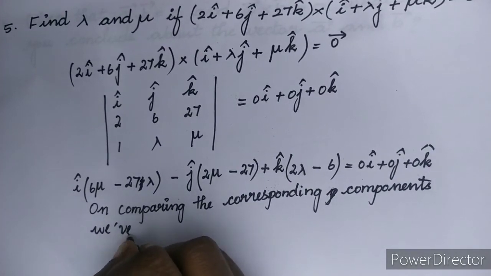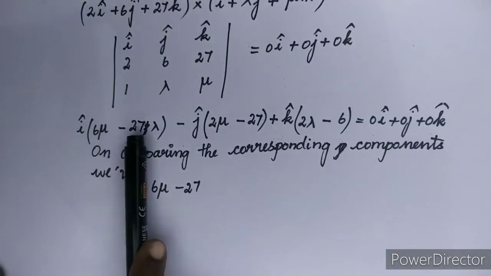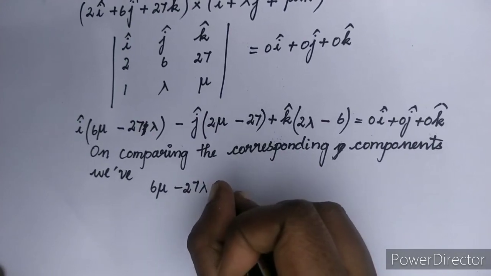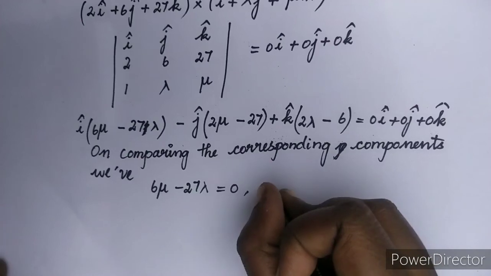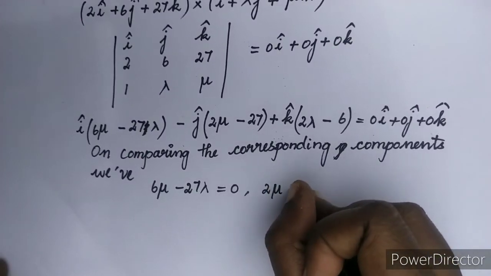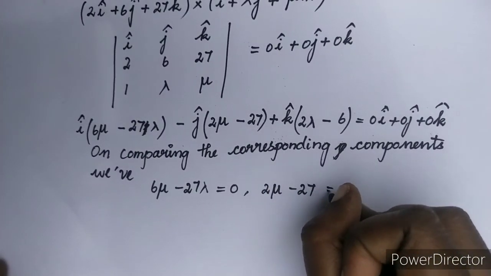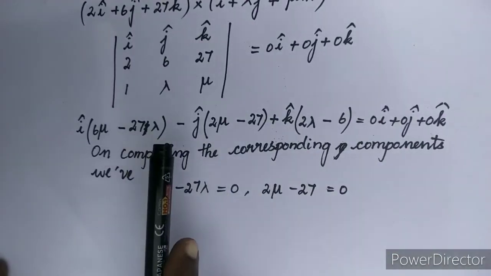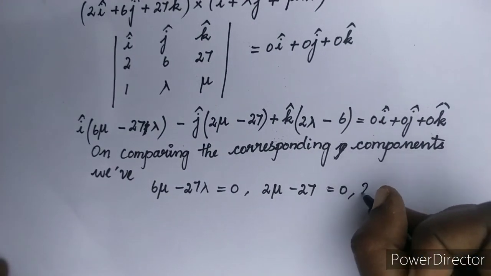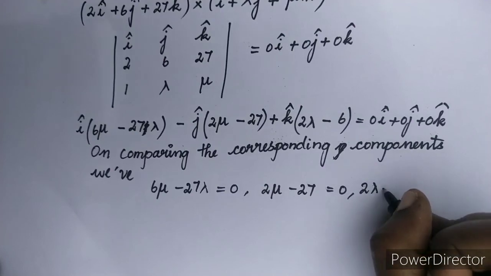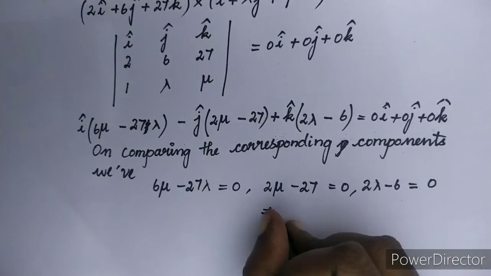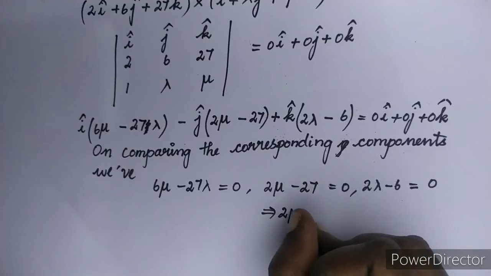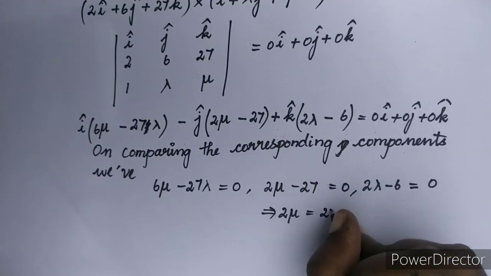We have 6 mu minus 27 lambda is equal to 0. Similarly, 2 mu minus 27 is equal to 0. And 2 lambda minus 6 is equal to 0. 2 mu is equal to 27.